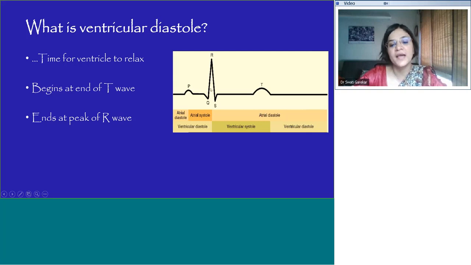Another way of looking at it is ventricular systole is when the R wave peaks to when the T wave ends. The rest of the time it's diastole. So the correct answer to question 1 was that ventricular diastole begins at the end of the T wave.